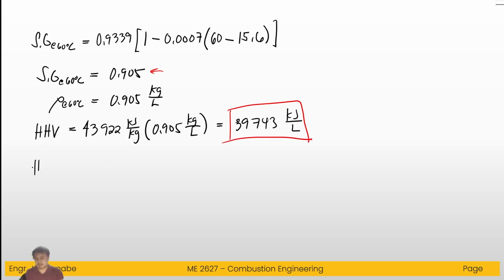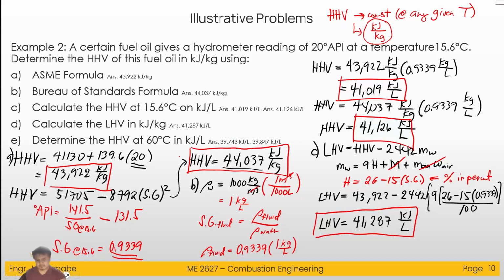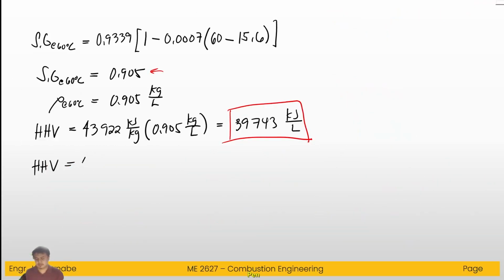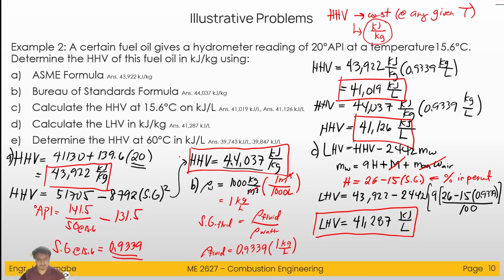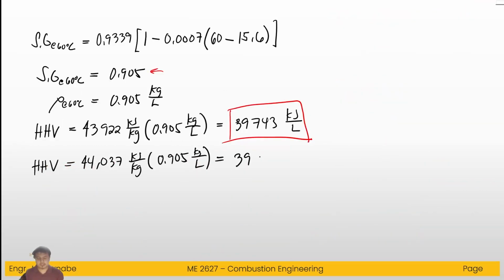For the Europe standards version, this will be 44037 kilojoule per kilogram multiplied by the density of 0.905 kilogram per liter. So this will be 39.7 kilojoule per liter. Okay, so that's it. Let's keep that for the next.